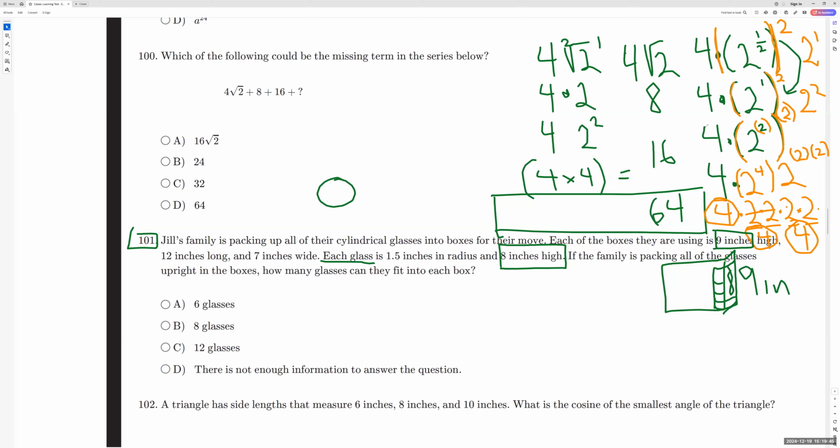So 8 inches tall for the cylindrical glass. Remember how we do our cylinder? Okay, so I'm going to eliminate the height, and I'm going to just deal with, so I go from 3 dimensions to 2 dimensions. So I'm going to go with the other dimensions. Height is taken care of, 1 glass per box as height. So now this is a 12 by 7. Remember, length times width.